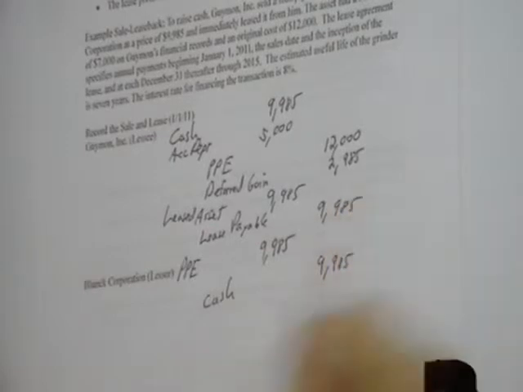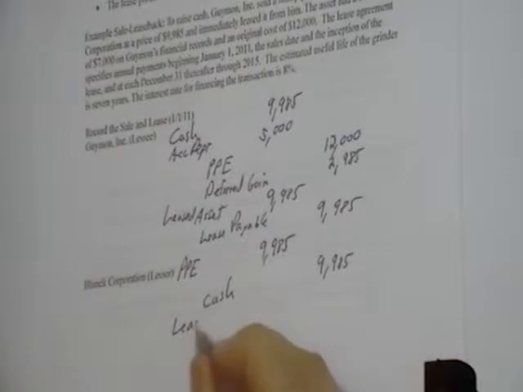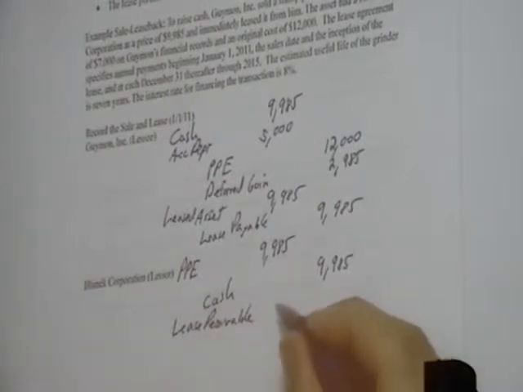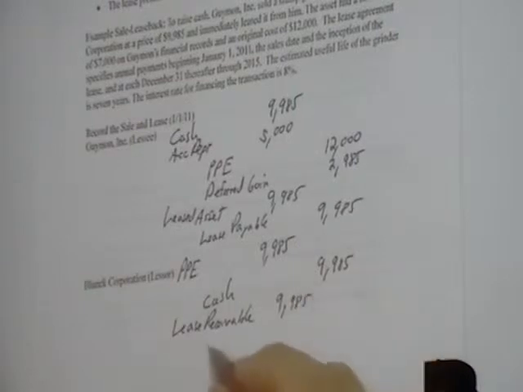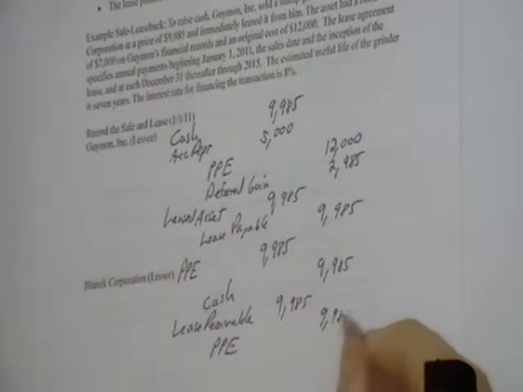We're going to have a lease payable 9985. We're going to have a lease receivable 9985, and we're going to have equipment, 9985.